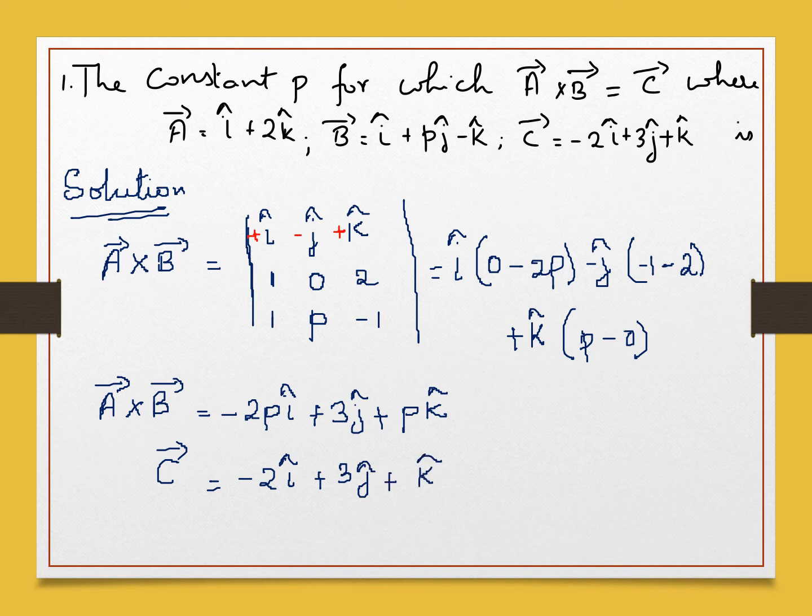Now if you compare the coefficients of i cap, j cap and k cap, you can see that the value of p is coming as 1, because if we put 1 as p, then in front of k it is coming 1. If we multiply 1 here, it is coming minus 2, and the j cap coefficient is the same. So from this we get that the constant p is nothing but 1. That's your answer.